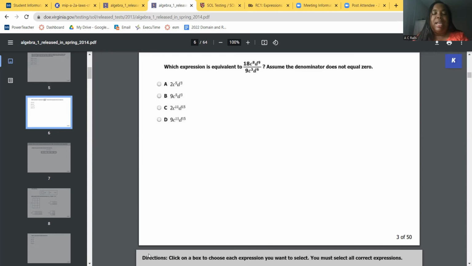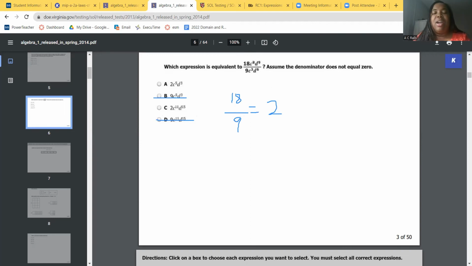All right, let's take a look at it. We have an 18 divided by 9. Automatically, you have to know 18 divided by 9 is separate from dealing with these exponents. 18 divided by 9 is 2. So that automatically eliminates D and B.